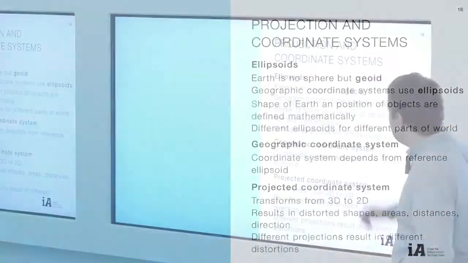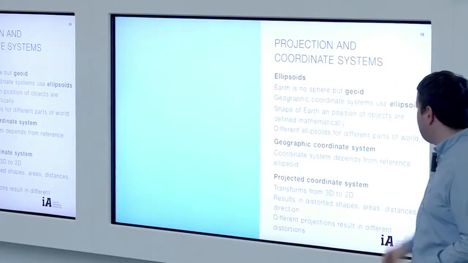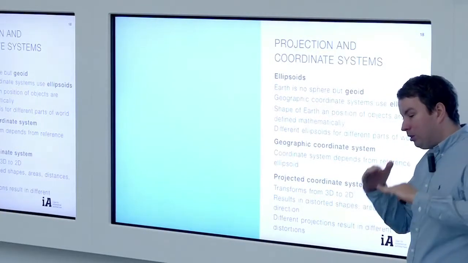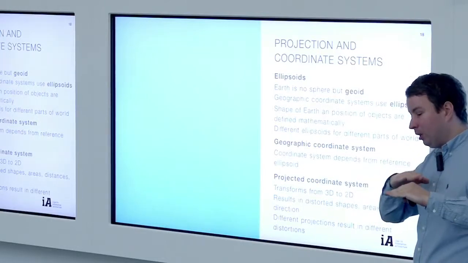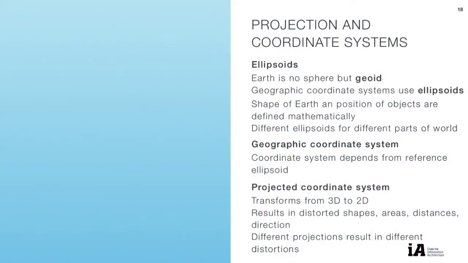So, geographic coordinate systems use ellipsoids. That means you take little sections of the Earth's surface and find out the minimal space where it makes sense to have a map drawn with almost no angular and distance distortions.